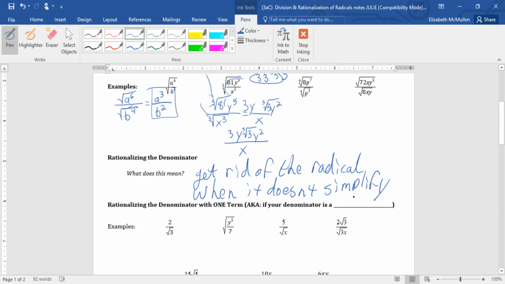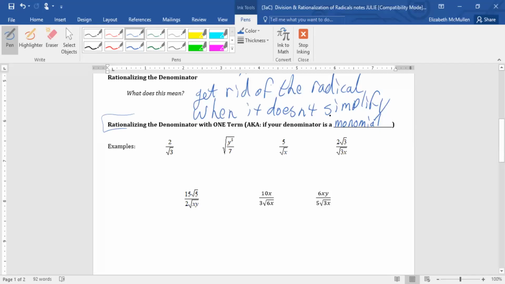All right, so first we're going to look at how we do that when we're rationalizing the denominator when it has one term. So if our denominator is a monomial, mono meaning one, we'll look at an example of how to do that.